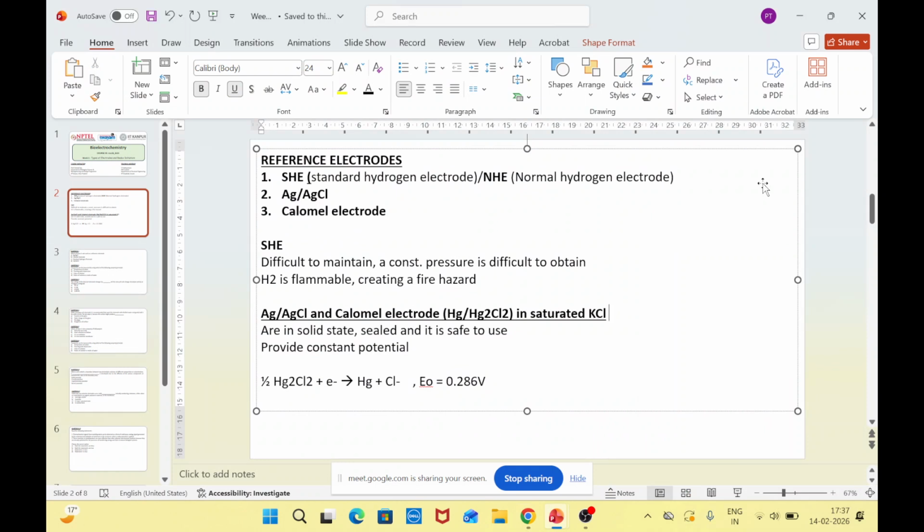So the question was, why is saturated KCl used in these reference electrodes? What is the role of saturated KCl? Anyone? Any idea on what the role of saturated KCl is?